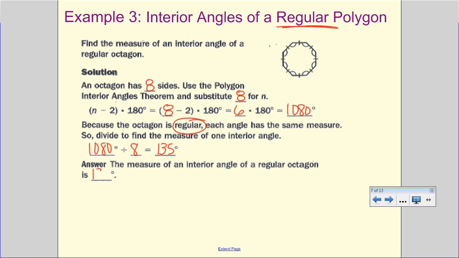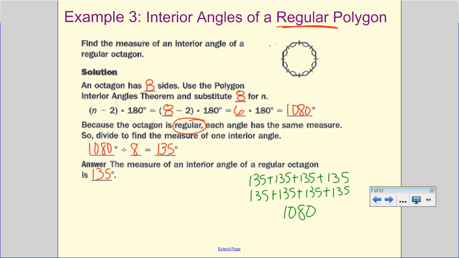So the answer to our question is 135 degrees. How could I check that? Well, do 135 plus 135. Go through and add that up 8 times. And make sure you get the 1080.